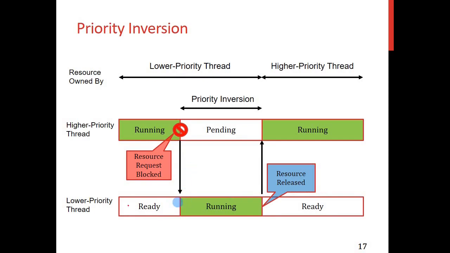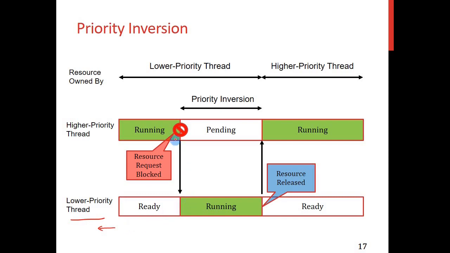So you have a high priority task that was running, and a low priority task. If the high priority task tries to acquire the resource that was already acquired by the low priority thread earlier on, what happens?